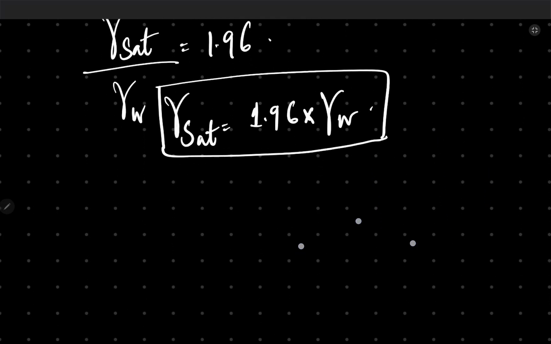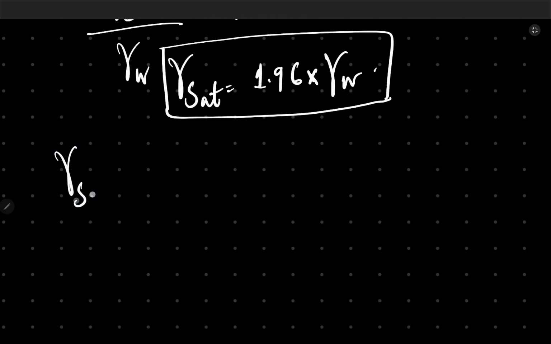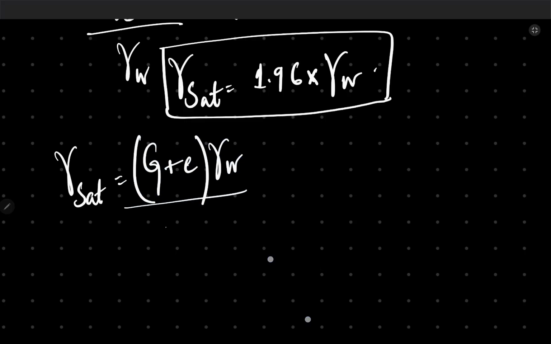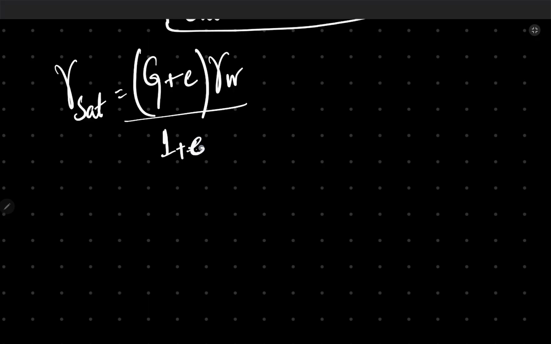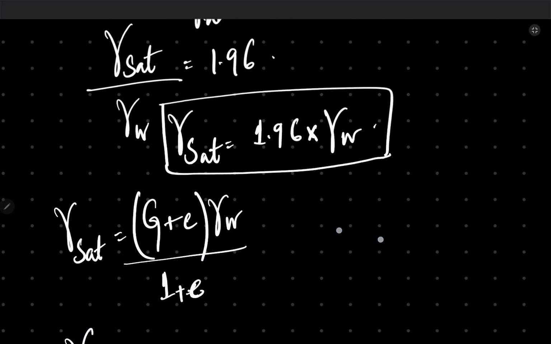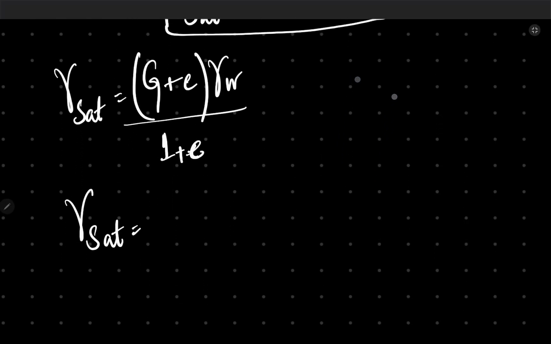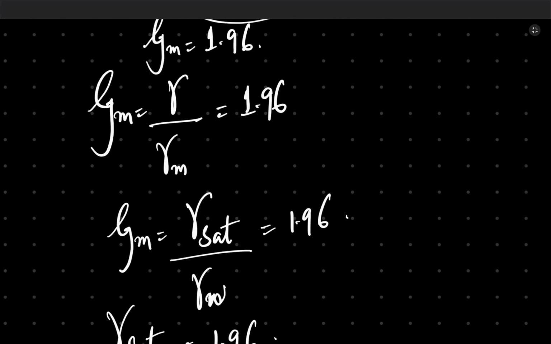Now using the generalized equation for saturated unit weight, it is (G plus e) times the unit weight of water divided by 1 plus e. Saturated unit weight, G is how much? That's what we have to find.